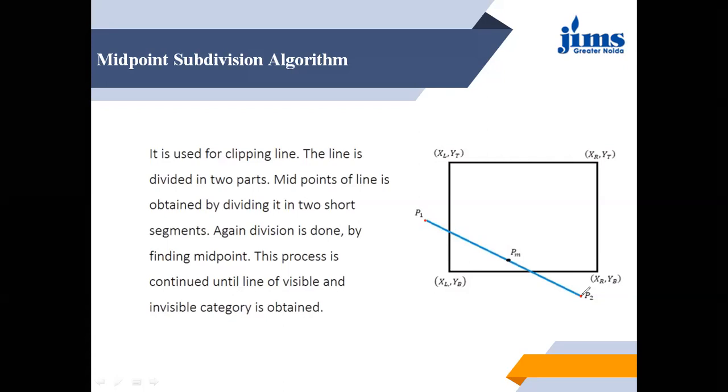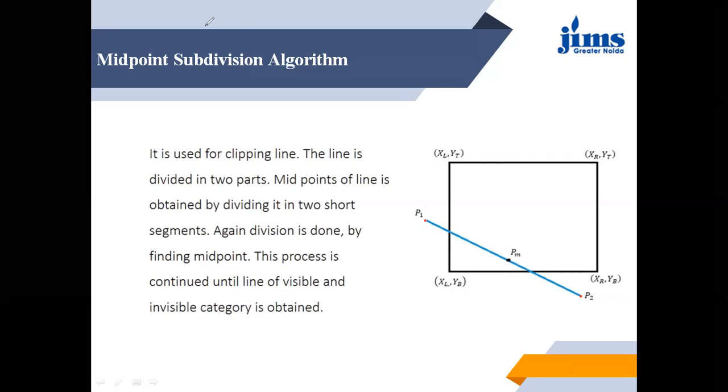After dividing the line in two parts, we again divide that line in two parts if it is not completely visible or is partially visible. Again, we calculate the midpoint of that line.